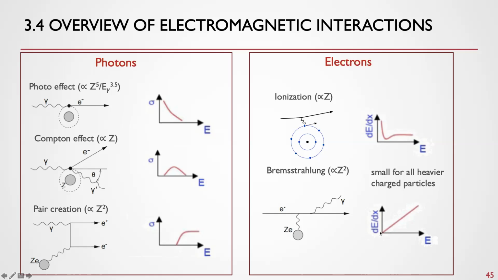The last comment here is that bremsstrahlung scales with the ratio of masses squared, which is 40,000 when you go from the electron to the muon, which makes bremsstrahlung for muons negligible, and for muons only the Bethe-Bloch-like ionization energy loss is relevant. So we've discussed all electromagnetic interactions now, and their Z behavior, and mostly their energy behavior.